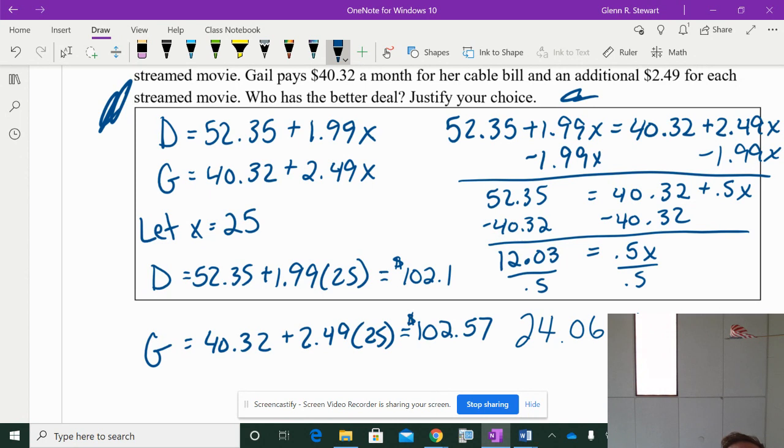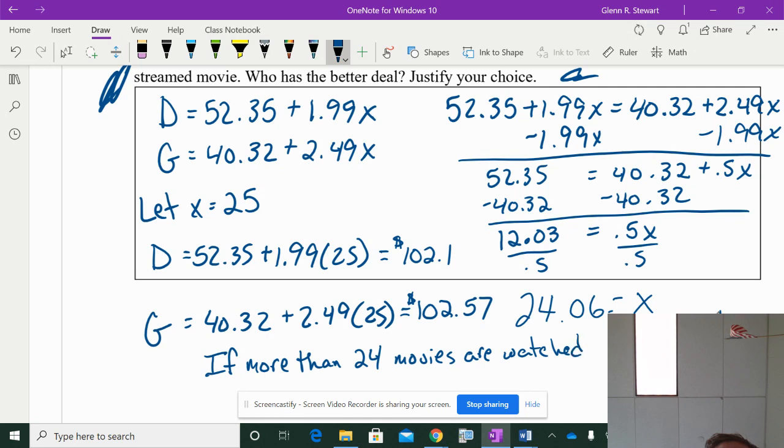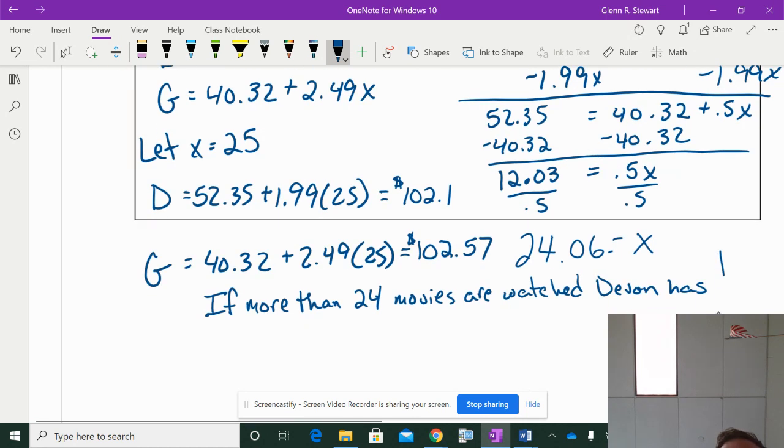Not a super big margin, but I would say that if more than 24 movies are watched, Vaughn has the better deal.